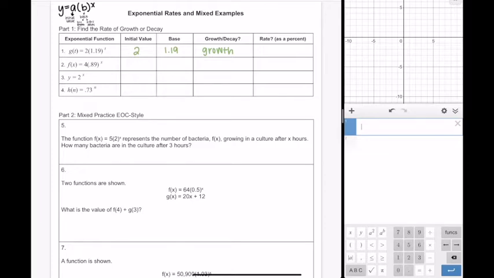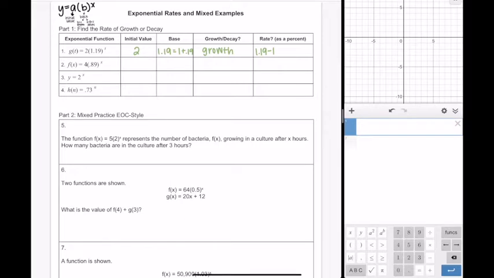So to find your growth rate, you're actually going to subtract 1.19 minus 1, because remember, when we had our base, this number actually came from taking 1 and adding that rate as a decimal.